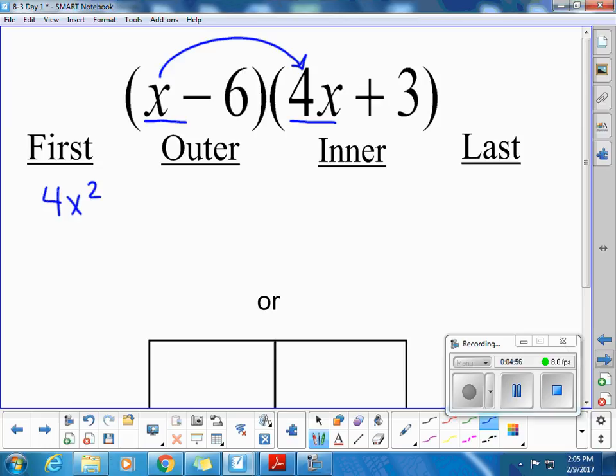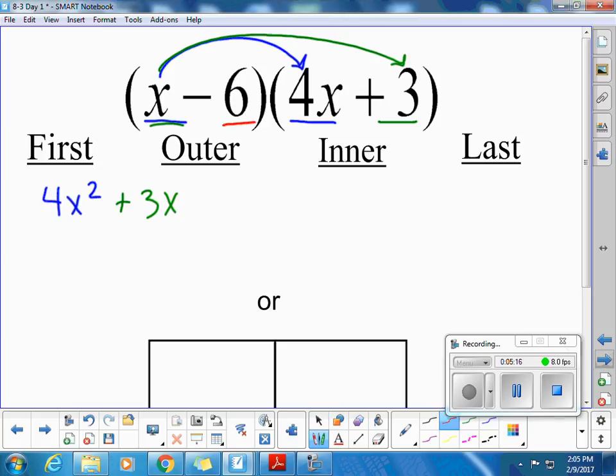And then outer. So outer is going to be this x times the 3. So x times 3 is 3x. And then we have inner.